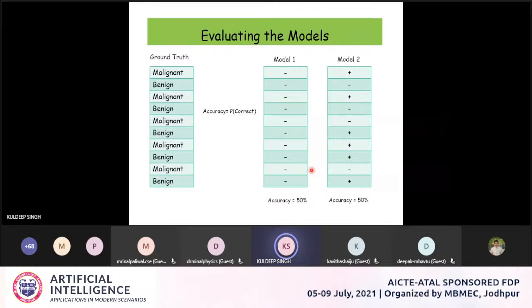We have two models, model 1 and model 2, and we have a ground truth on the left hand side. So there are a total of 10 instances in the test set. Let's consider, suppose they are the X-rays or the MRIs. So 5 each for benign and malignant.